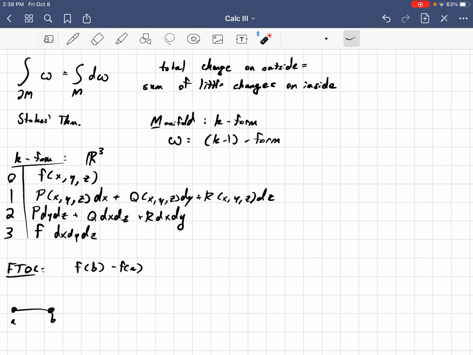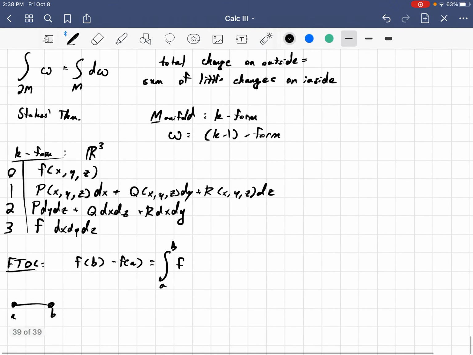So the total change on the outside is f of B minus f of A. The sum of the little changes on the inside, well, the sum becomes the integral, and it's over the inside, so it's over A to B of f. And that's the fundamental theorem of calculus right there.